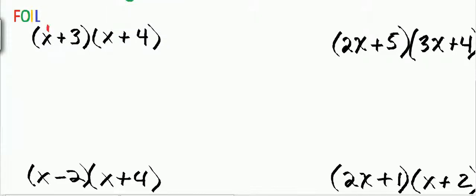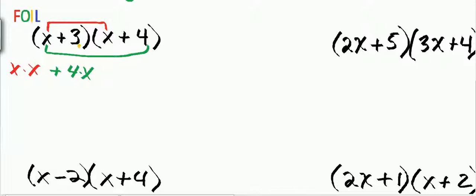and my first two terms are x and x, so x times x. My outside terms are 1 and 4, so x and 4, so 4 times x. And then I'm going to do my inside terms.